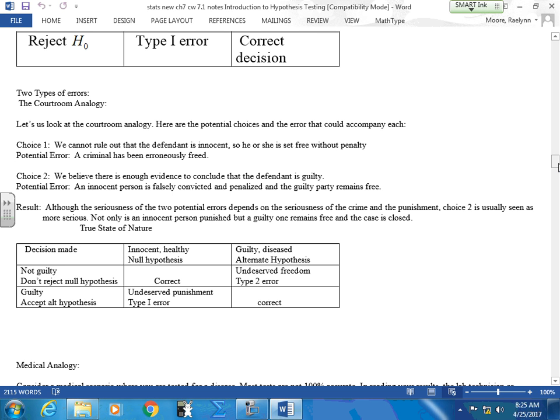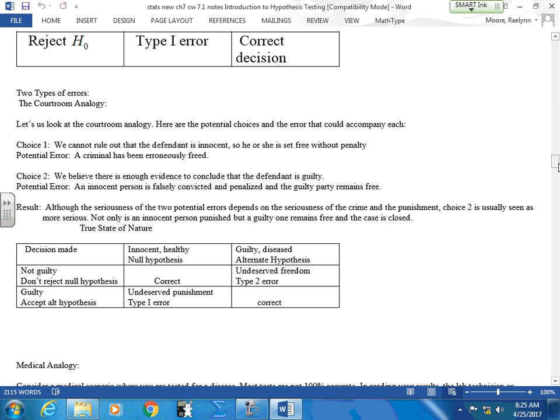Potential error. The criminal has been erroneously freed. Choice 2. We believe there is enough evidence to conclude that the defendant is guilty. Potential error. He could be innocent of what we convicted him of, and he's sent to jail. And the person who is guilty is still out there.